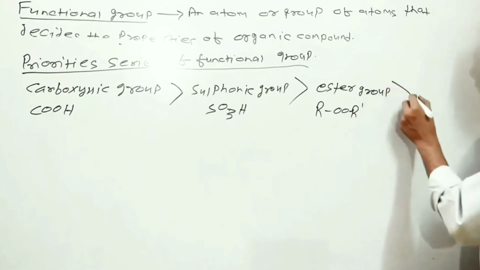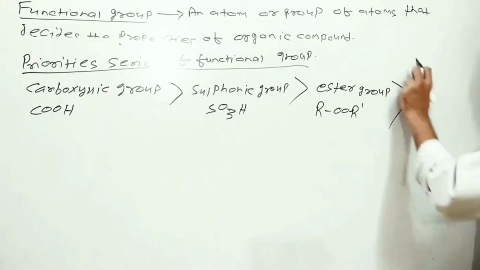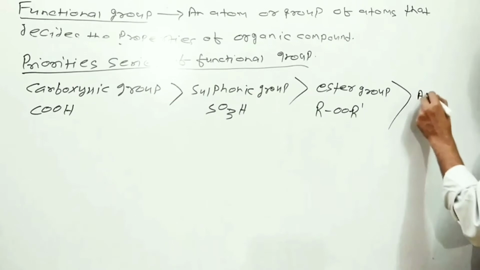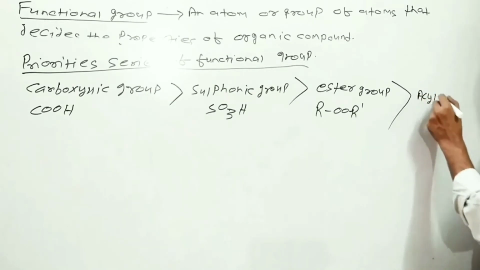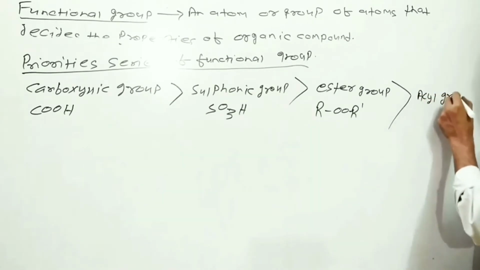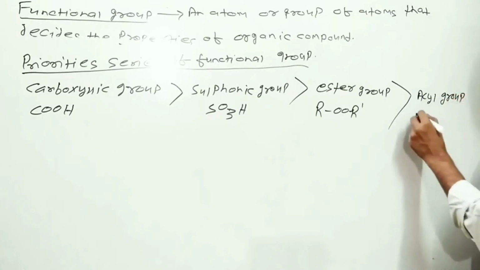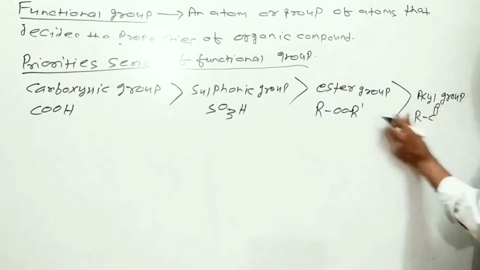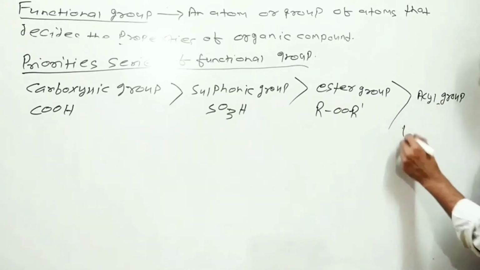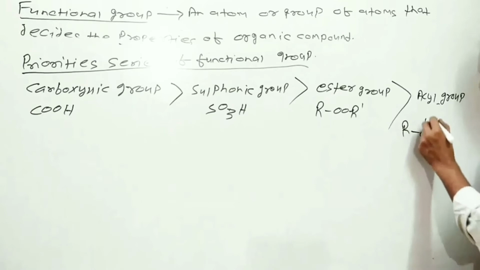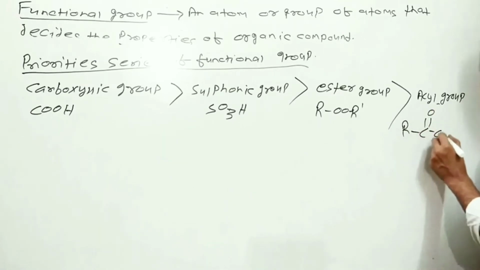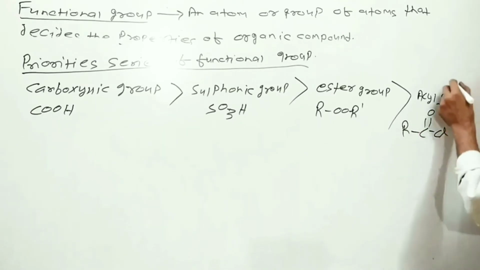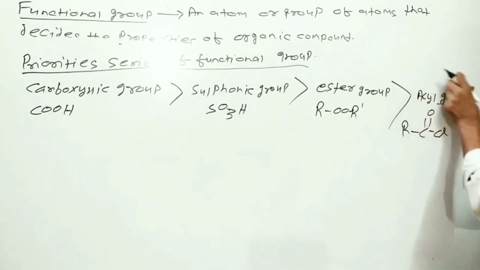And then there is the acyl group. Let me write the name first. It's acyl group. The acyl group formula is RC double bond O Cl. I hope you can see. If not, let me make this bigger. So okay, what next time? I'm continuing over there.